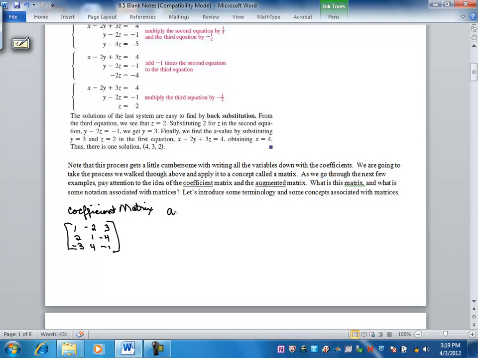Now let's talk about the augmented matrix. There's one difference between the coefficient matrix and the augmented matrix, and that is that along with the coefficients, we are going to draw a vertical line where the equal sign would appear, and we're going to put the value after the equal sign.